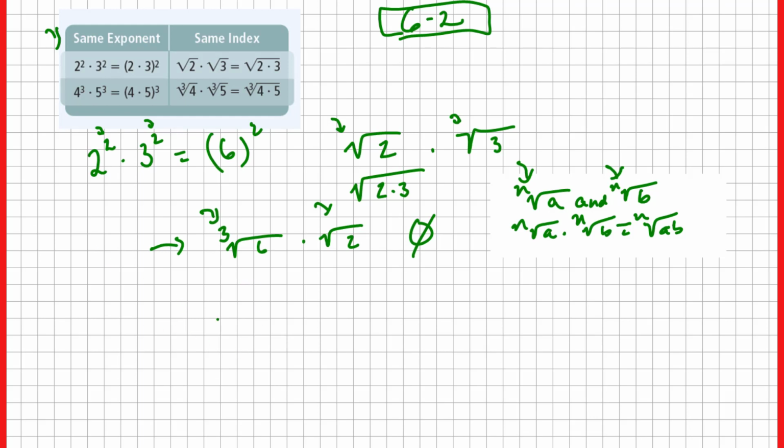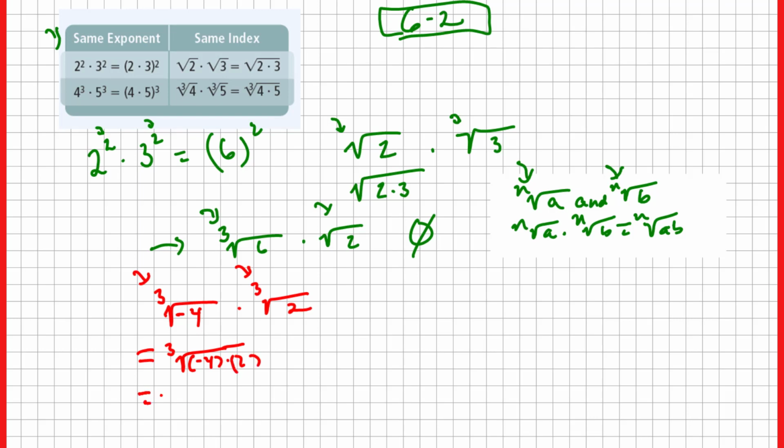However, if I have the cubed root of -4, and I want to multiply that times the cubed root of 2, and I want to simplify it, I can do this, because the index is the same, the cubed root. So that's going to get me the cubed root of -4 times 2.